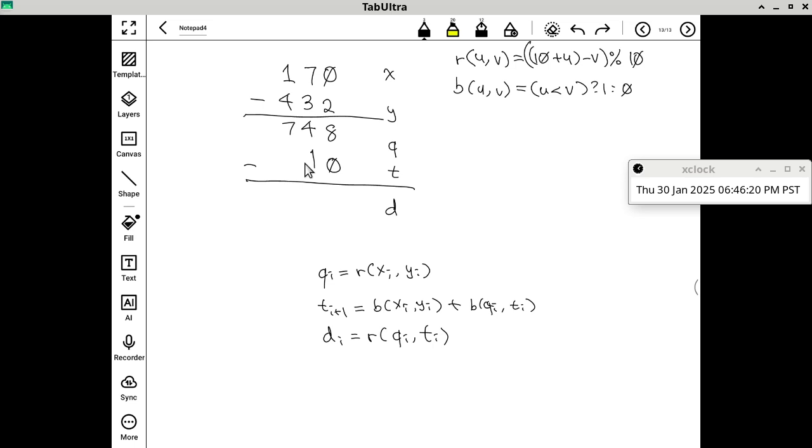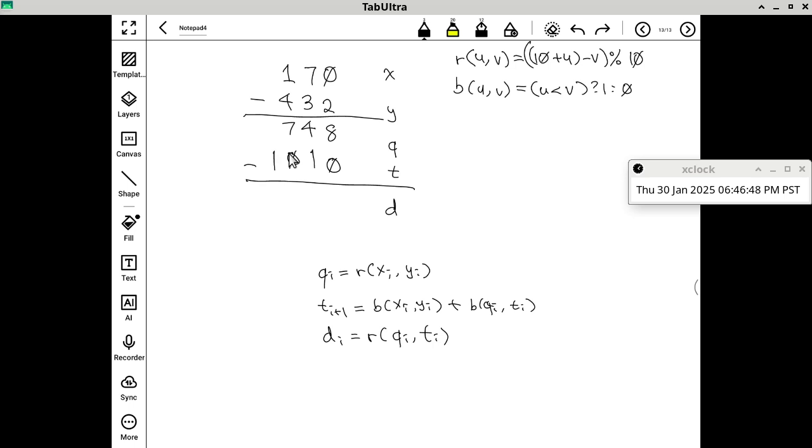And then when we have to compute t of 2, we are looking at b of 7, 3 plus b of 4, 1, and that is just a 0 over here. And finally, when we look at t of 3, we are looking at b of 1, 4, which is a 1, plus b of 7, 0, which is a 0. 1 plus 0 is once again a 1.